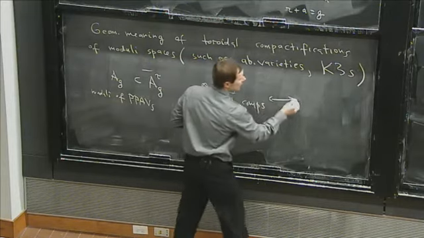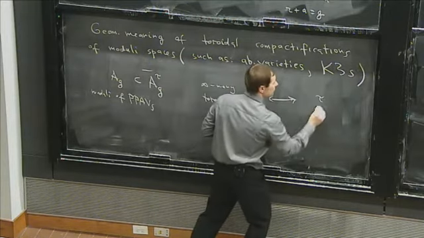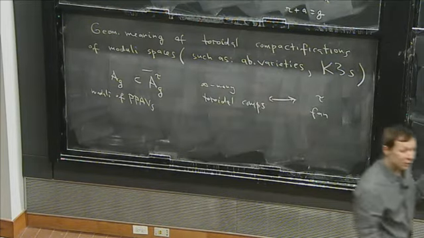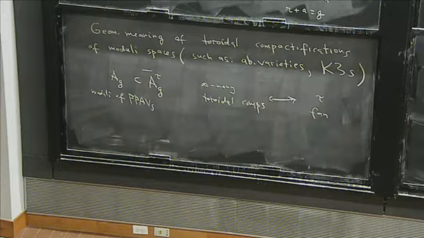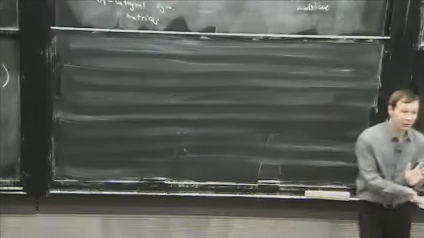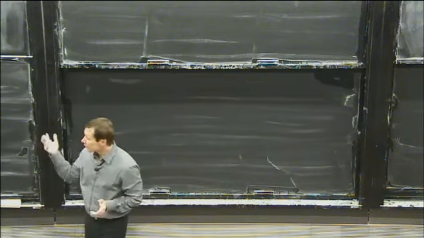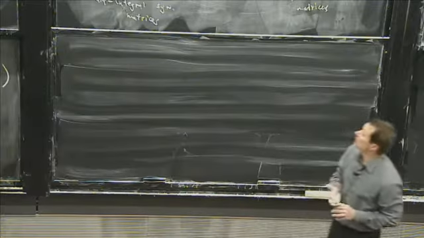These compactifications correspond to fans, so fans tau. Just as in ordinary toric geometry, there are infinitely many fans, so there are infinitely many compactifications of a torus. Here, there are infinitely many fans, and there are infinitely many of these toroidal compactifications.